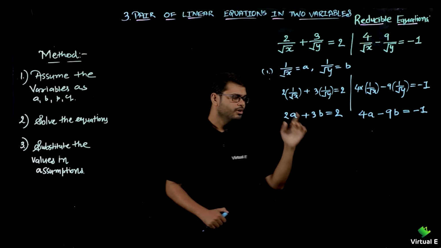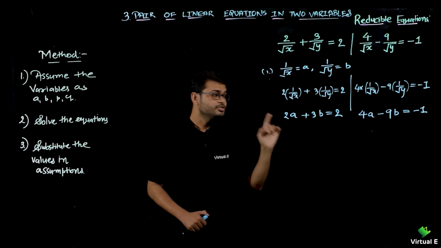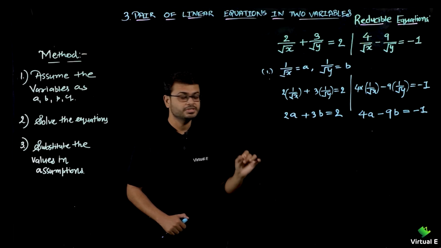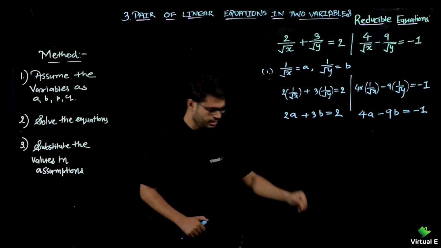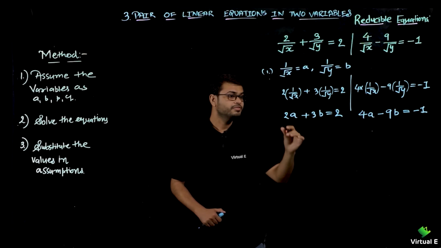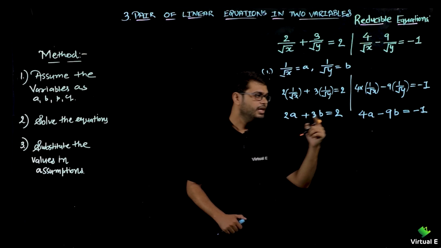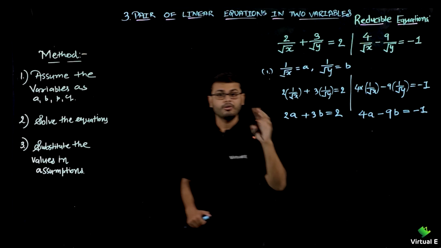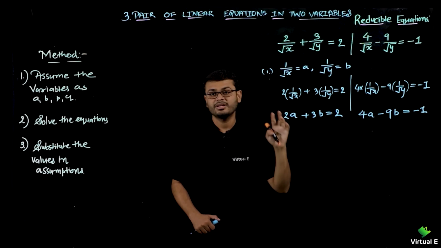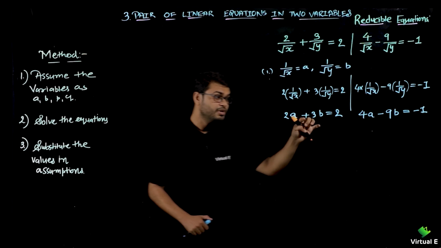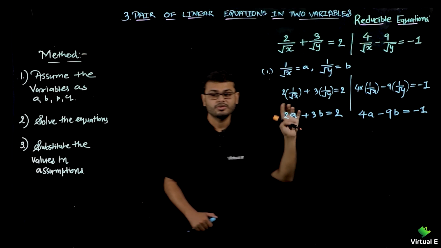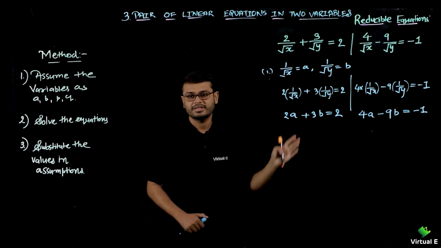First of all I will be judging the coefficients of a and b, which are 2 and 4, 3 and minus 9. Now observe the sign of the coefficients as well, which is plus 3 and minus 9. So opposite signs are already with us.